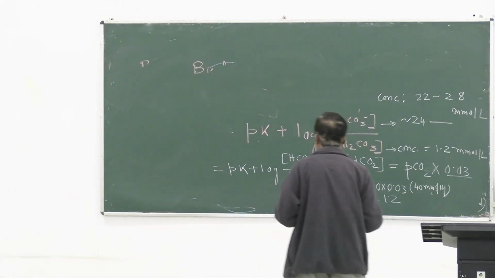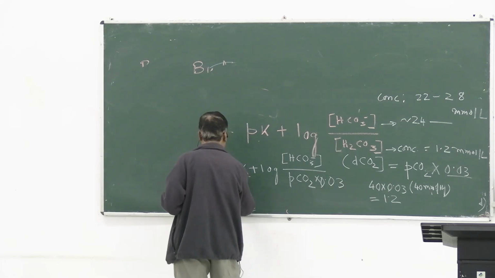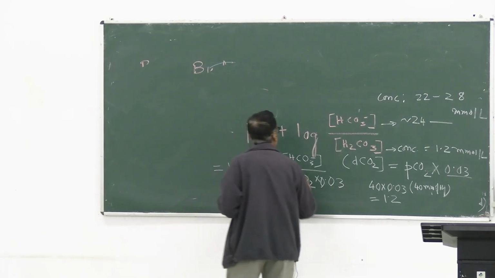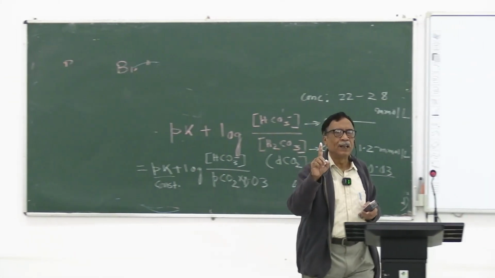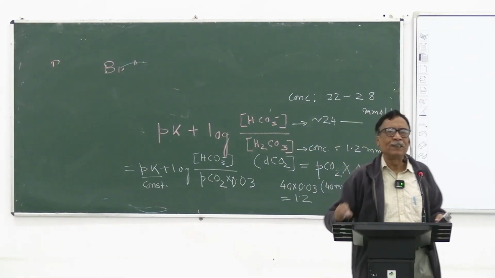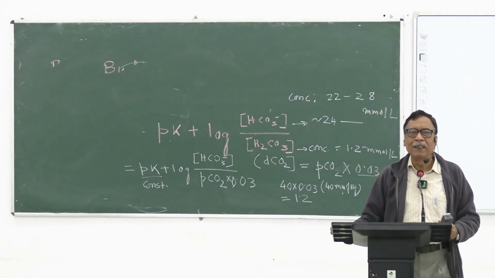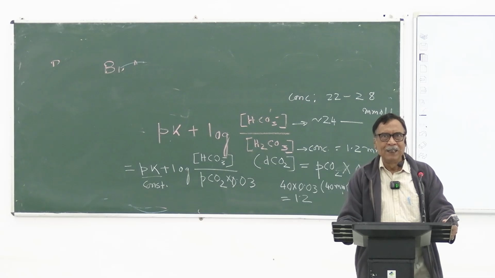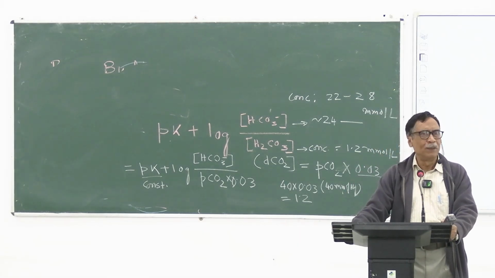From this equation, pK is constant and these are variable. Variables are two, one is bicarbonate, one is PCO2. So these two variables can vary, and when they vary from normal, the ratio becomes abnormal, and pH becomes abnormal.